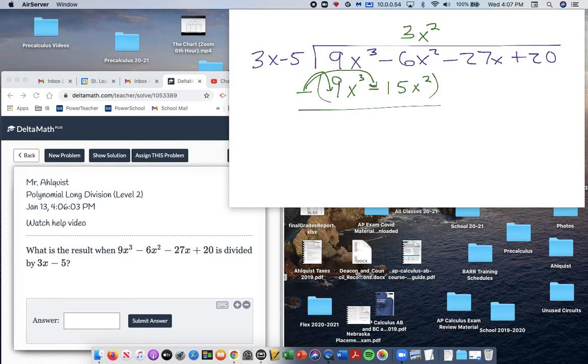So this would be 9x squared, and we would drop this down. And the next thing I'm going to do is figure out what to get 9x squared. Well, that would be plus 3x. That's 9x squared minus 15x.